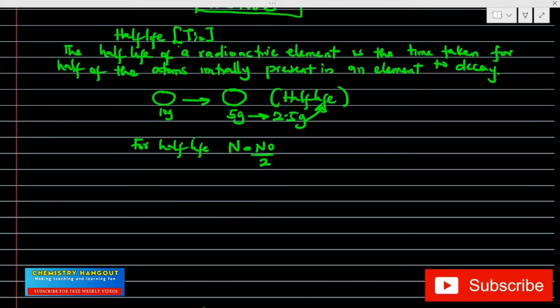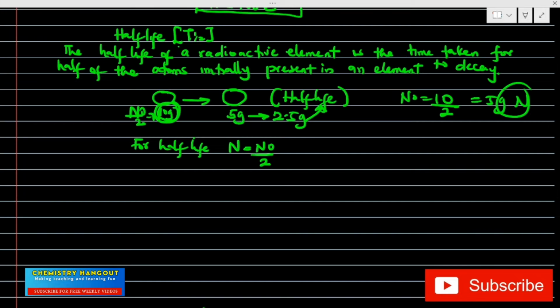N naught is the initial amount. So it's just like I have this 10 gram, the N naught, and N naught over 2 will give me N. So N naught is the 10, that's what I started with. When this thing decays to half of its original amount, that will be divided by 2. That will be 5 gram, which will give me N. So my N is equal to N naught over 2.